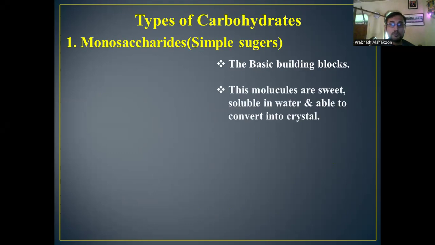These molecules are sweet, soluble in water, and able to form crystals. Examples of monosaccharides are glucose, fructose and galactose.